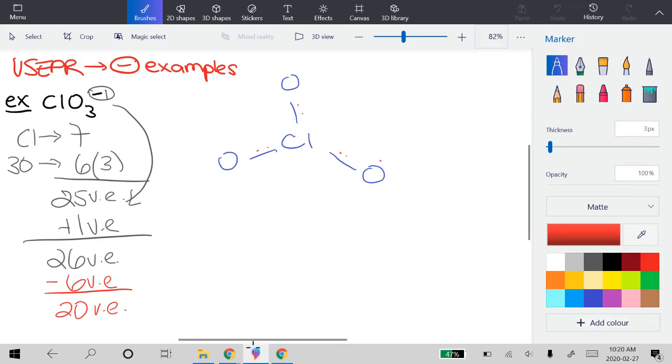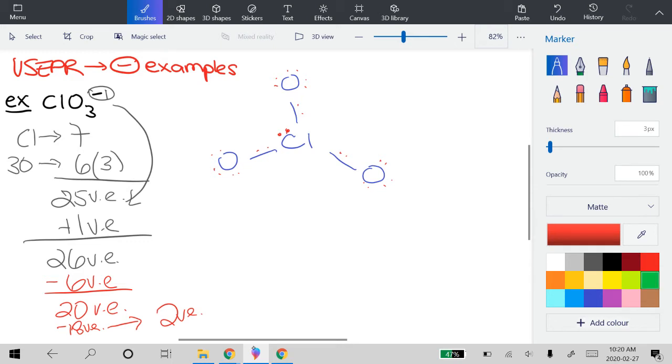So 2, 4, 6, 8, 10, 12, 14, 16, 18. And then that means I have 2 extra electrons to work with. After I subtract 18 from 20, I have 2 more. And then I have to just throw them on the center guy.